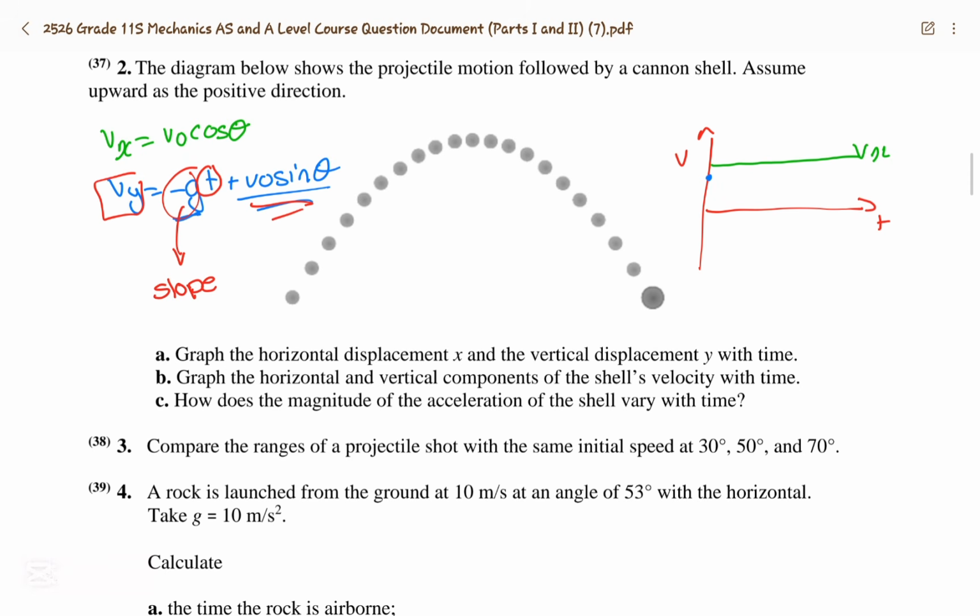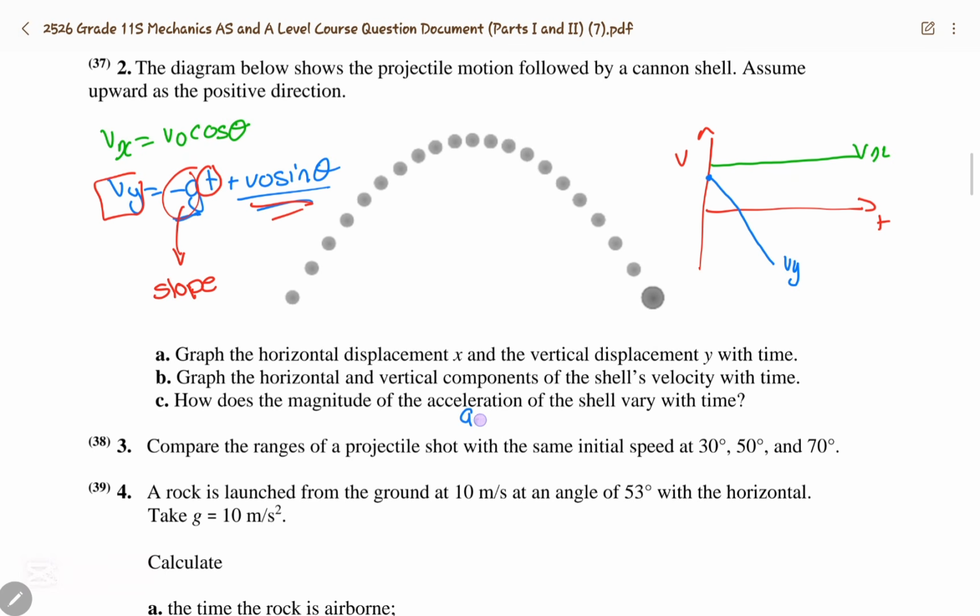So it starts at V0 sine theta, and it has a negative slope, so it's going to decrease. It's going to look something like this. This is Vy. That's it for part B. Now part C, what does it say? How does the magnitude of acceleration of the shell vary with time?